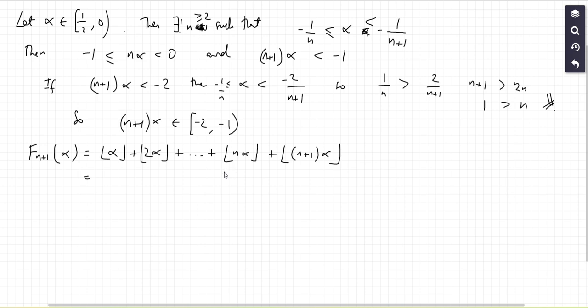So the floor of that, okay, something slightly different here. So we've got the floor of these. Then they actually become minus 1 a load of times.